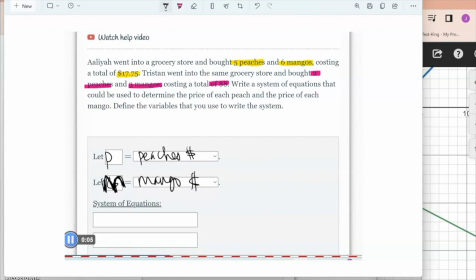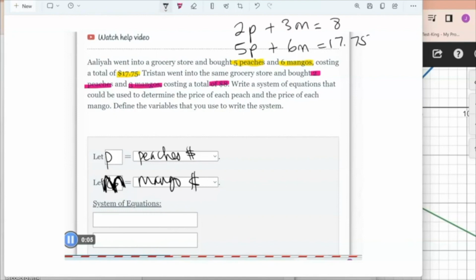You set it up just like you read it. So 5 P plus 6 M equals 17.75. Then you set up the next one, 2 peaches, so 2P plus 3 mangoes, 3M, equals $8.